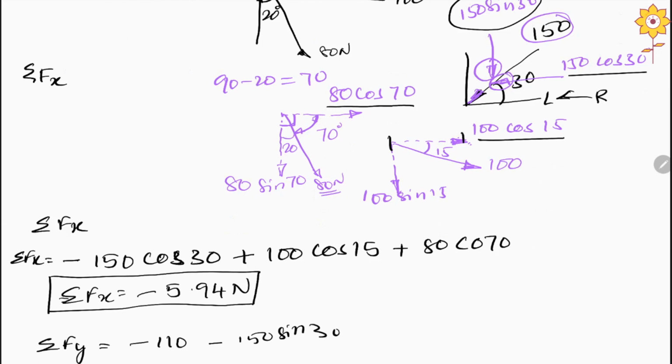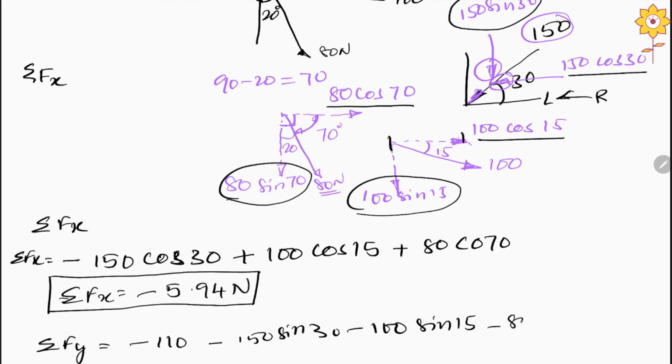Again, for these components we have minus of 100 sin 15, and again this one, minus of 80 sin 70.